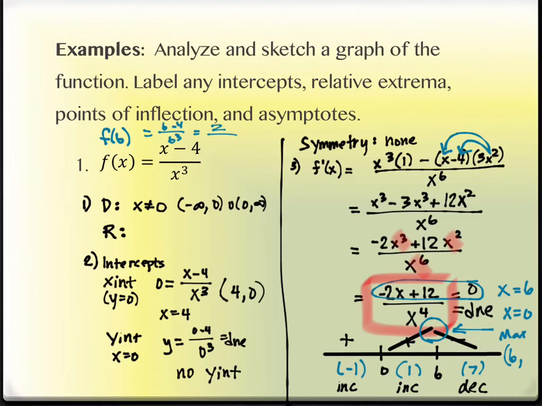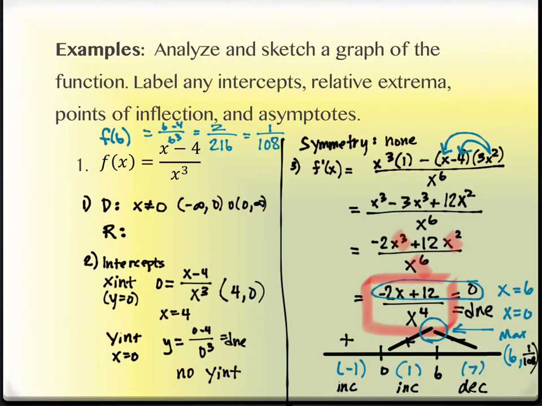What is 6 cubed? 216. And if I were to simplify this, I'd get 1 over 108, right? That is the y value for my maximum point. 1 over 108.